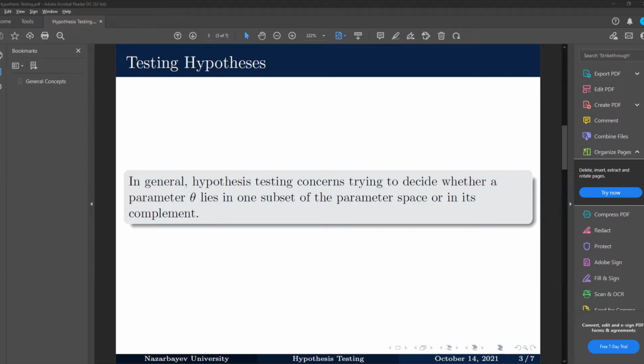A court psychiatrist, for example, might be called upon to pronounce an accused murderer either sane or insane. The Food and Drug Administration, for instance, must decide whether a new flu vaccine is effective or ineffective.